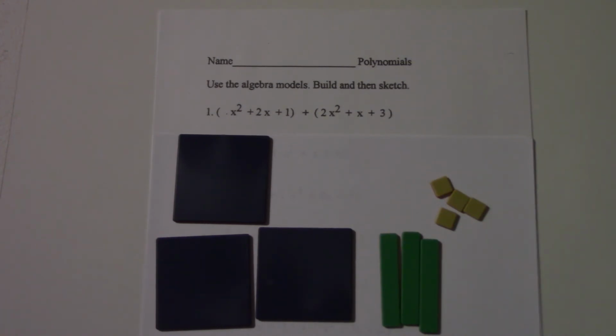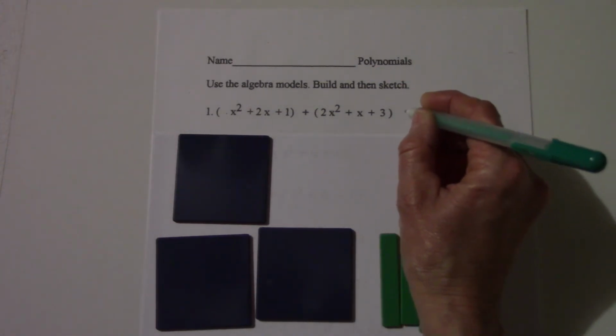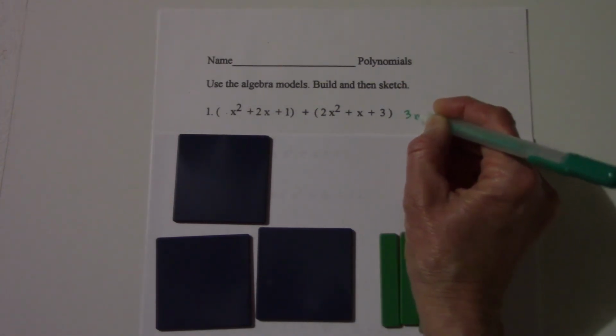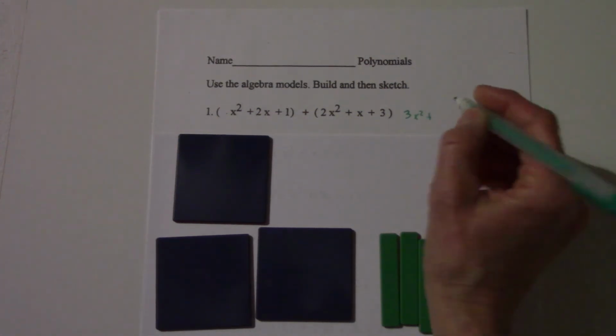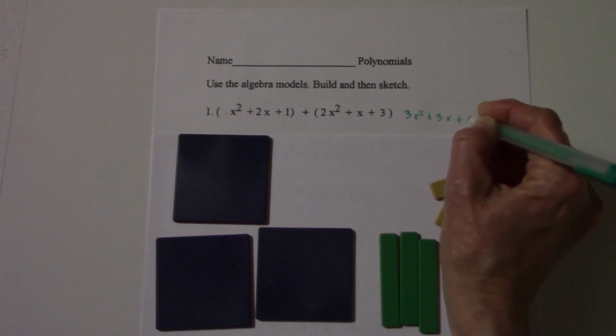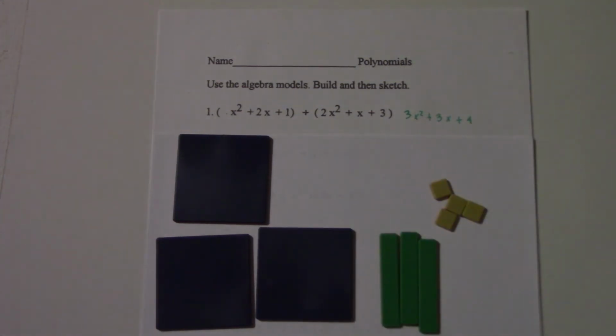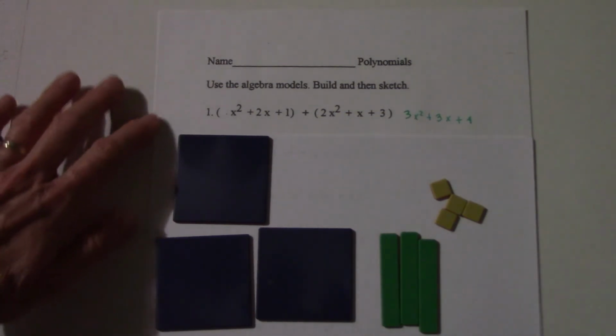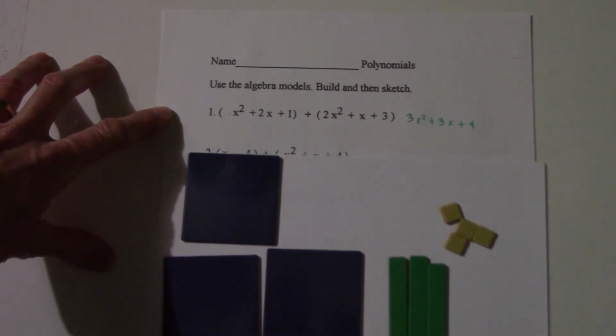So this gives us 3x squared plus 3x plus 4. And when students use the manipulatives, they can't help but combine the like terms because it makes sense. They see it visually. And that's what we want, is for the algebra to make sense.